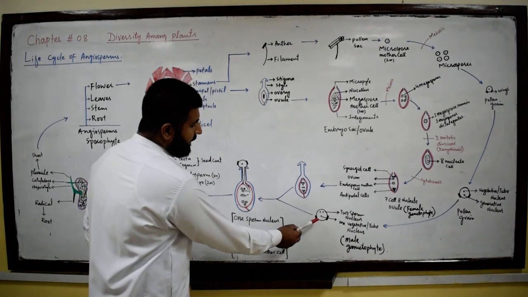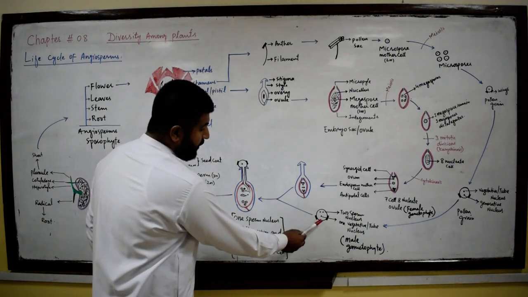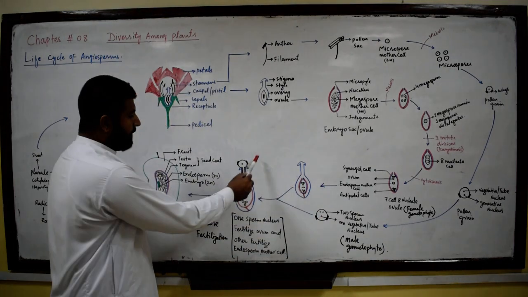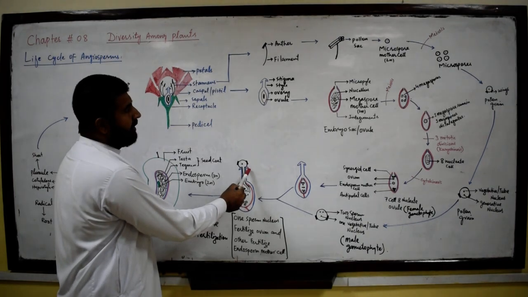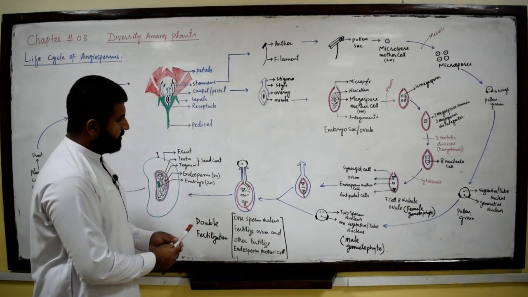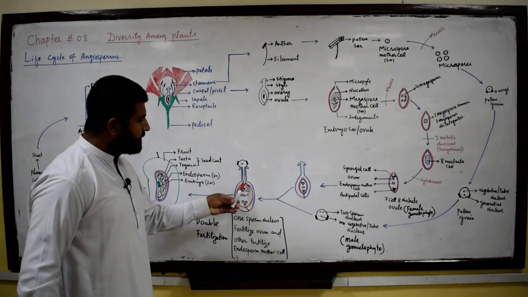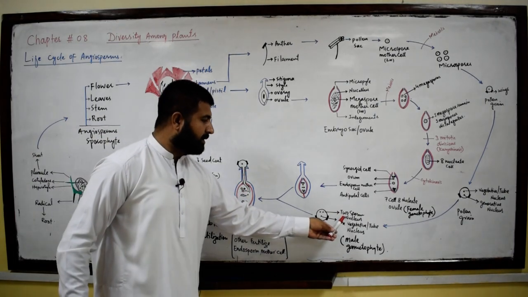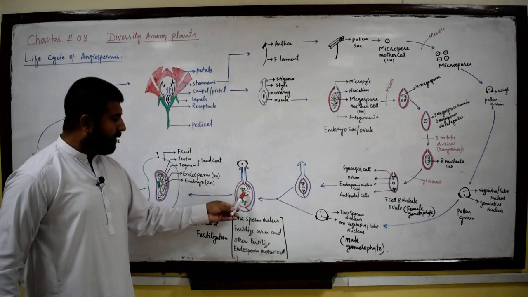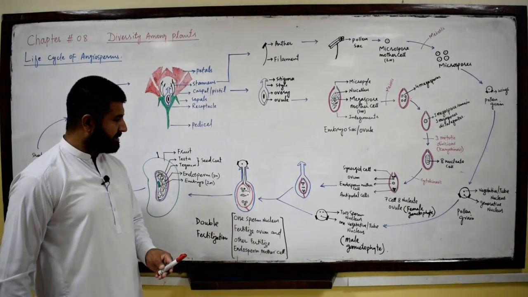When pollination occurs, the pollen grain sits on the stigma of the carpel and it produces a pollen tube, which helps in the transfer of the sperm nucleus toward the ovum and endosperm mother cell.